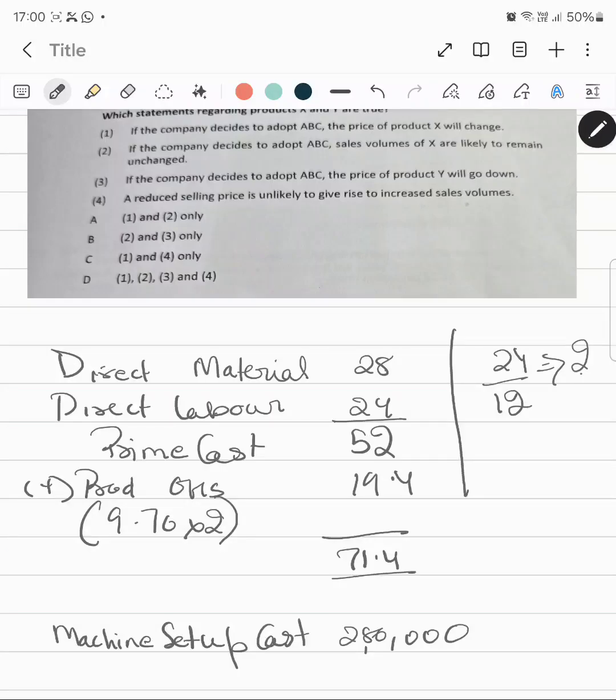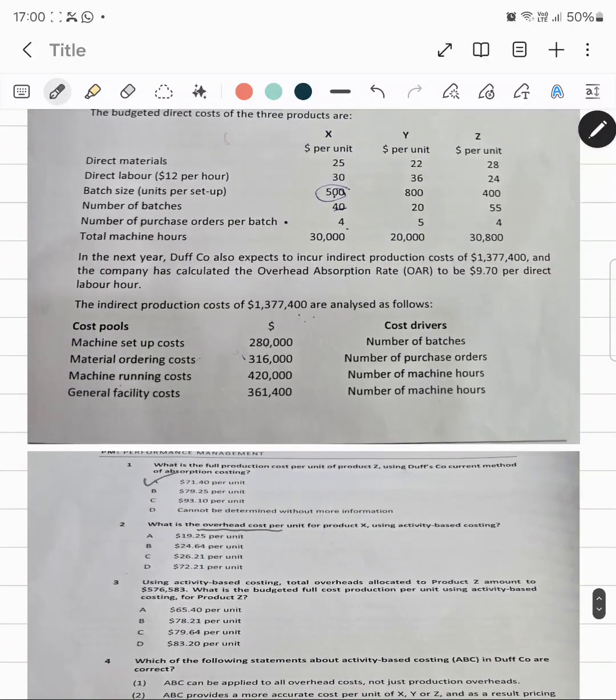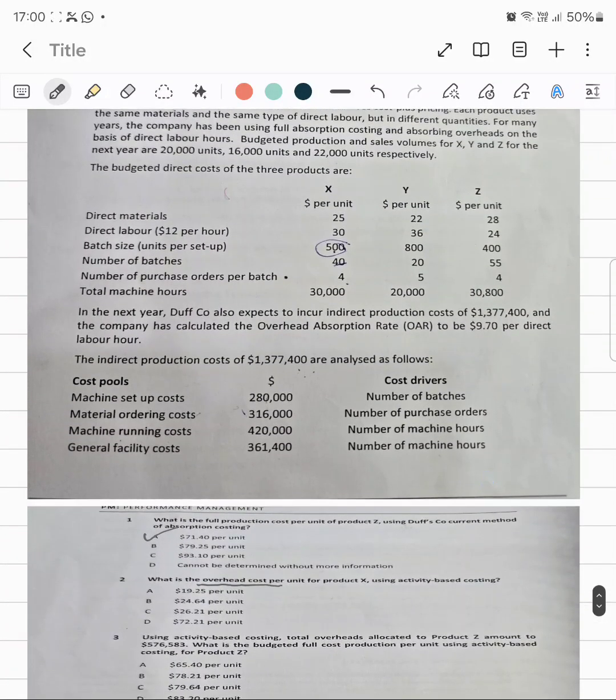The cost driver for it is the number of batches. The number of batches has not been given to us directly, but they have actually given the numbers: 40, 20 and 55.